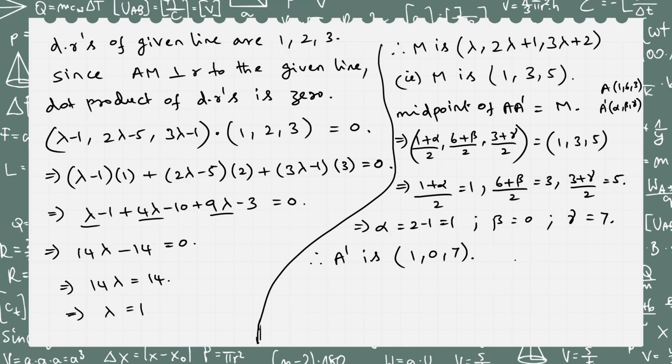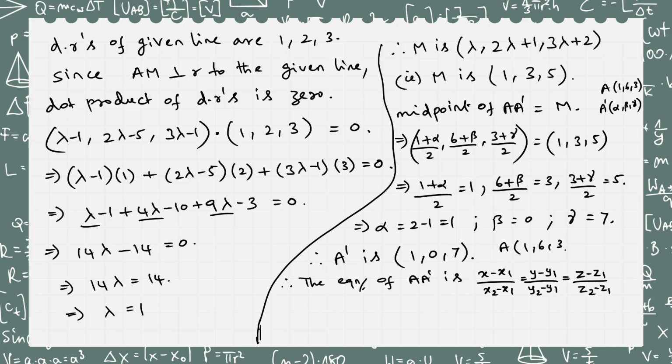So we know that when 2 points are given, the equation of the line passing through the 2 points will be x minus x1 by x2 minus x1 equal to y minus y1 by y2 minus y1 equal to z minus z1 by z2 minus z1. And A' is 1, 0, 7 and A is 1, 6, 3.